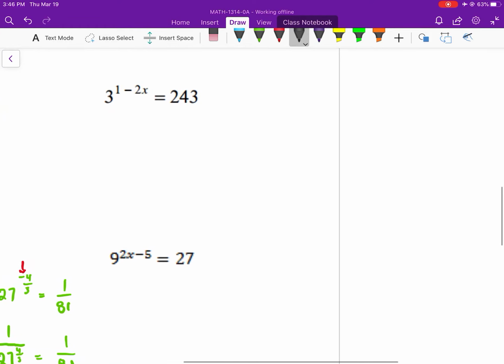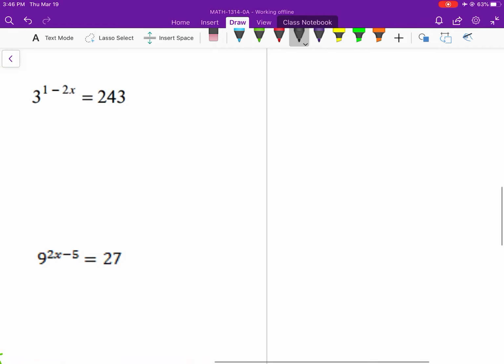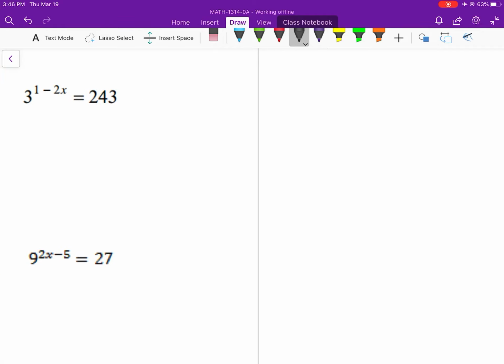This next one on the right-hand side of the table, we have 3 to the power of 1 minus 2x equals 243. So again, I have 3. I can't go any smaller than 3, but I need to see, can I do 3 to a certain power to get 243? This side is going to stay exactly the same.